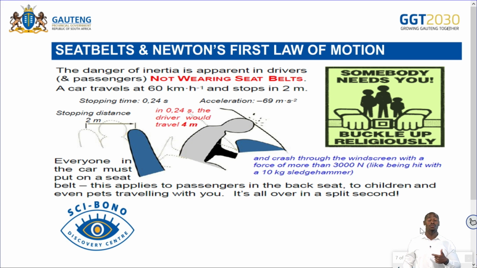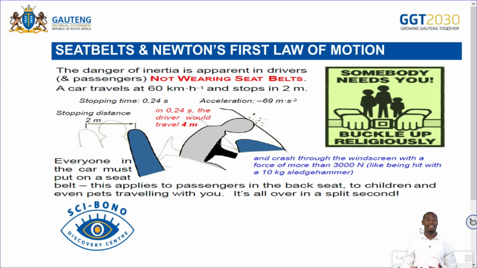So what is going to stop is the car. Then what will happen to the passengers? The passengers will move forward at a speed of 100 kilometers per hour or 150 kilometers per hour. So obviously, if you are not wearing a seat belt, what is going to happen to you? You are going to experience injuries. So that is one of the importance of wearing a seat belt.